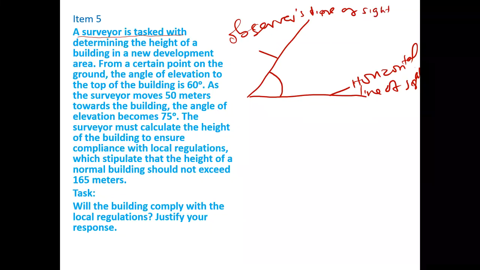So this is an angle. The observer's line of sight is always above the horizontal line of sight, and this is an angle of elevation. Let me call it theta 1.